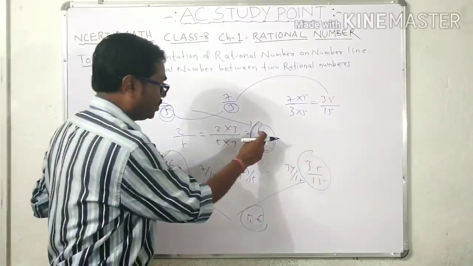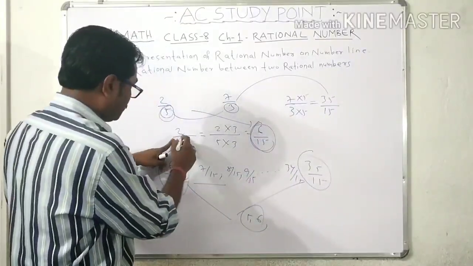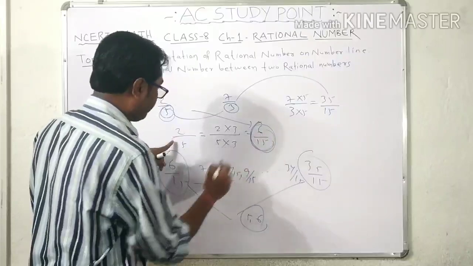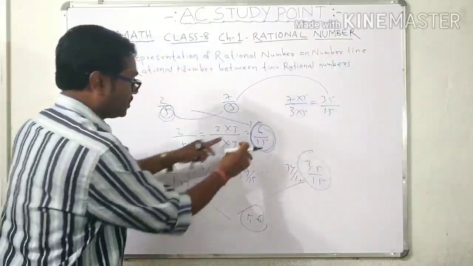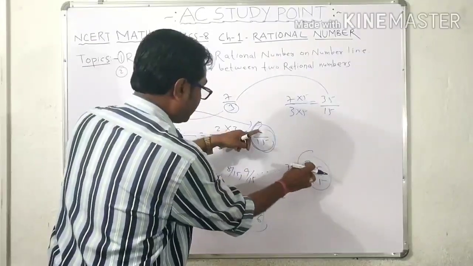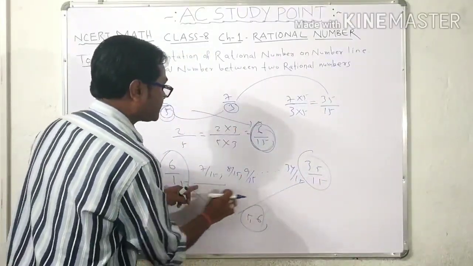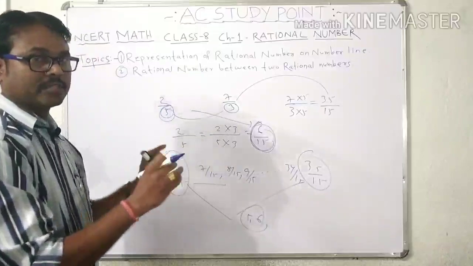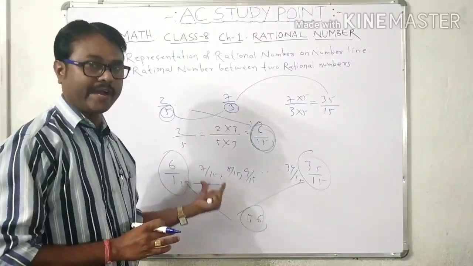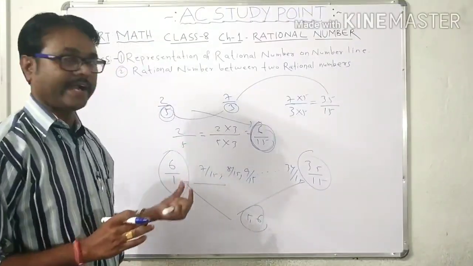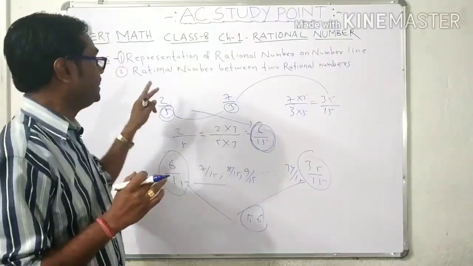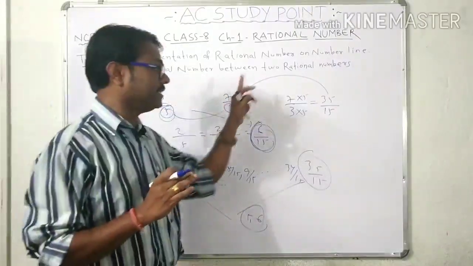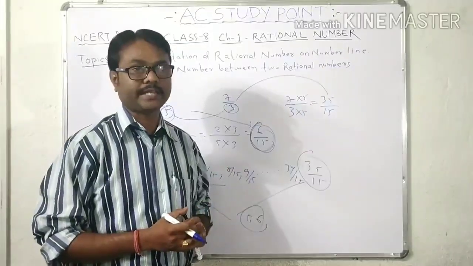So 2 by 5 has become 6 by 15, and 7 by 3 has become 35 by 15. Between 6 and 35 you can insert rational numbers; I found more than 10 here. In this way, with these two processes, you can find as many rational numbers as you want between any two rational numbers. So thank you very much.